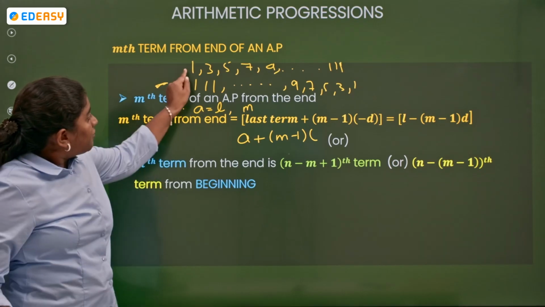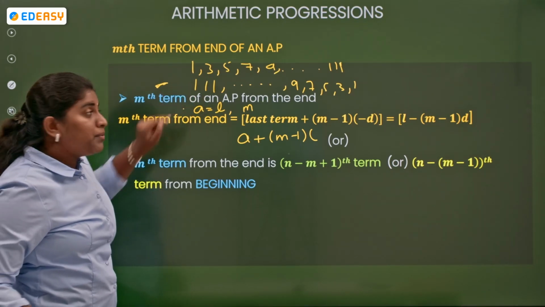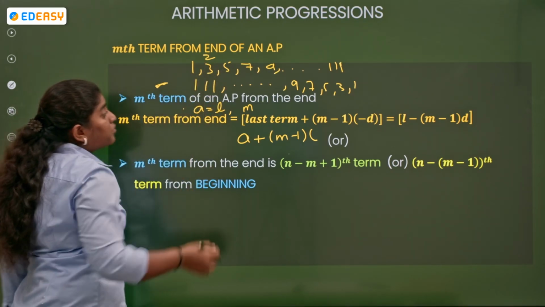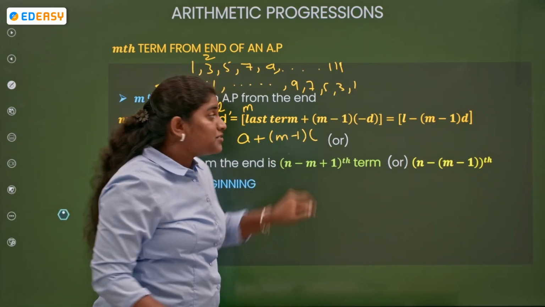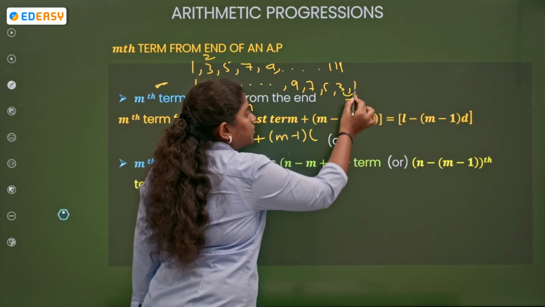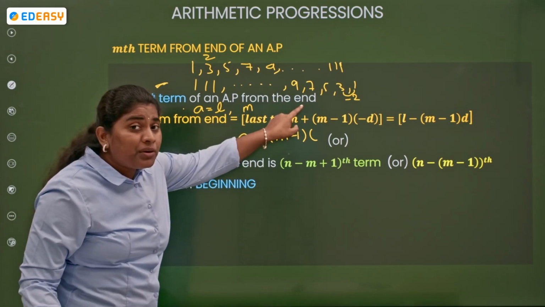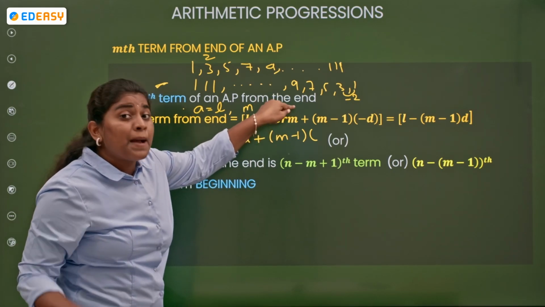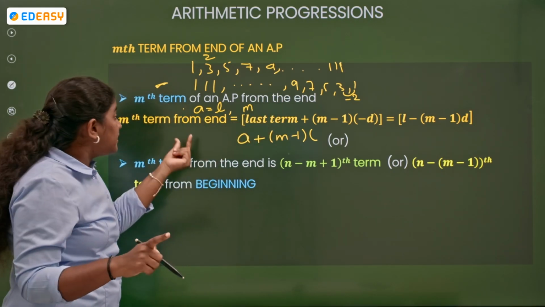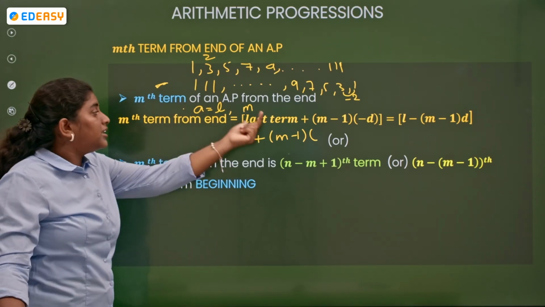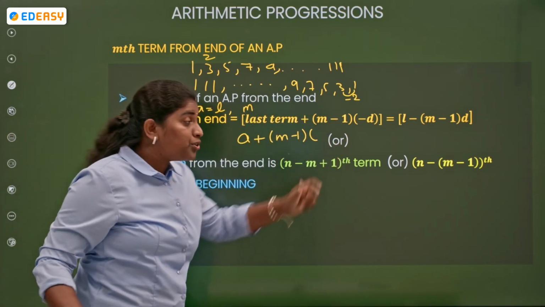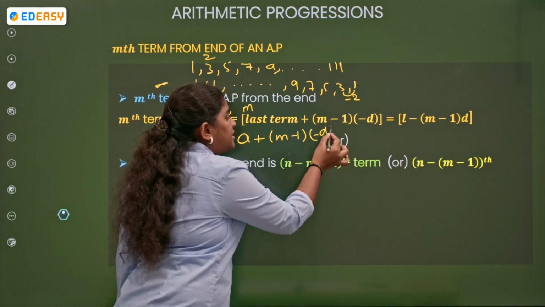the common difference. From 1 to 3 it is plus 2. But what about 3 to 1? From 3 to 1 the common difference becomes minus 2. So in order to find the nth term from the end, we take the common difference as minus d.